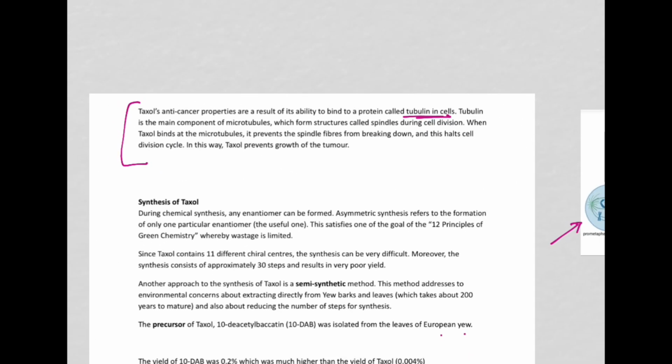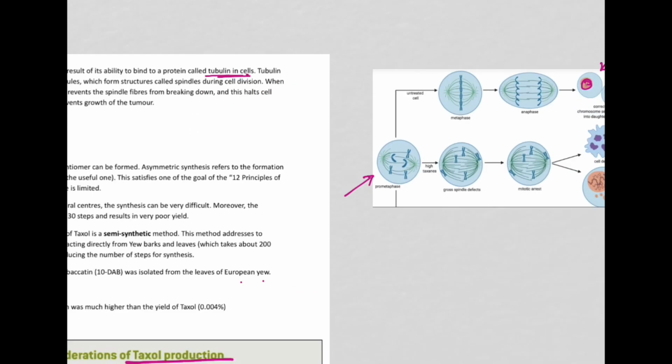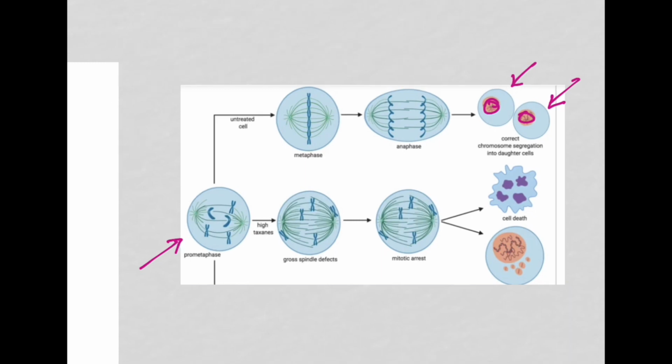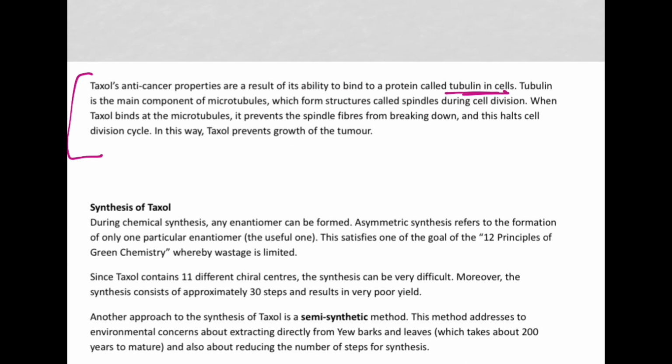It says here, the tubulin is the main component of microtubules which form structures called spindles. So these are the spindles here, and the spindles contain a substance called tubulin, right? And the Taxol will bind to the tubulin.